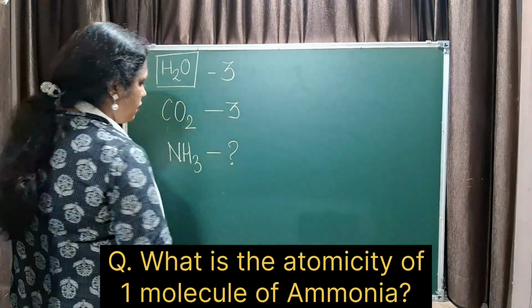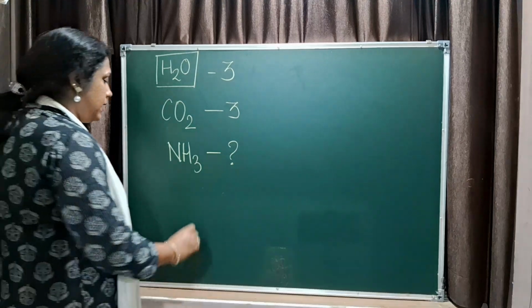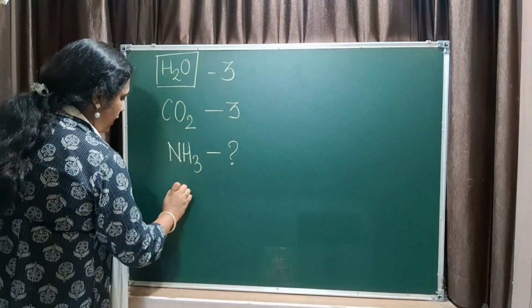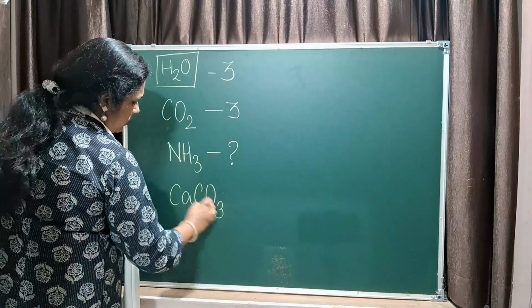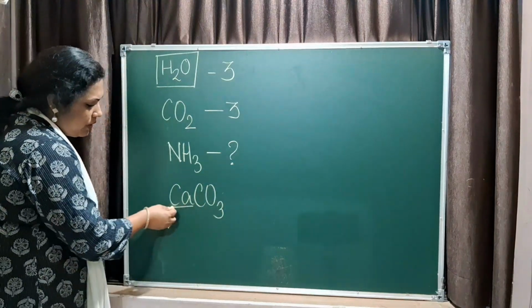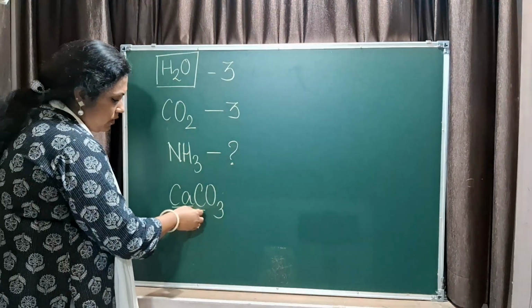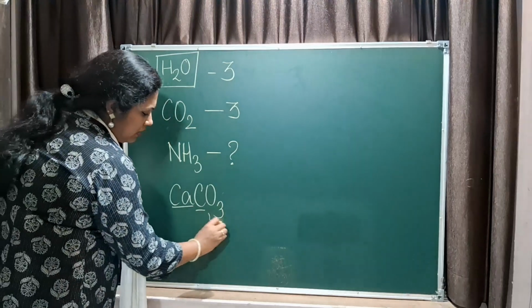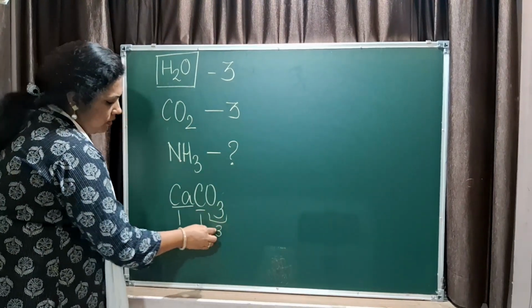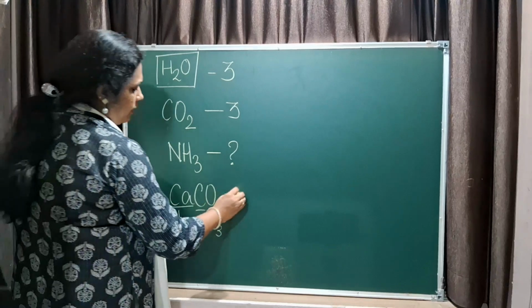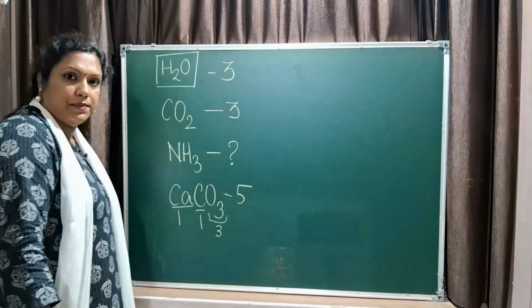What is the atomicity of ammonia? Next one, let us have calcium carbonate. So, 1 atom of calcium, 1 atom of carbon and 3 atoms of oxygen. So 1, 1 and 3, 3 plus 1 is 4, plus 1 is 5.